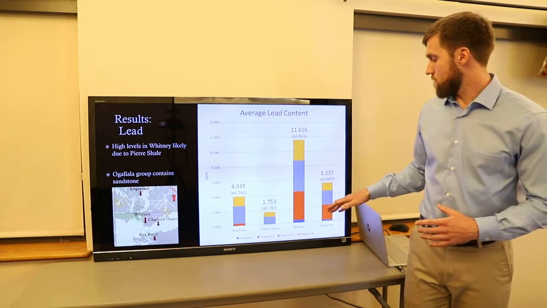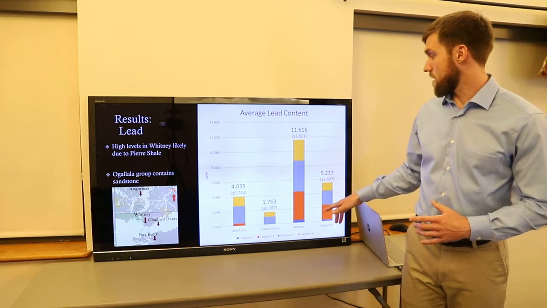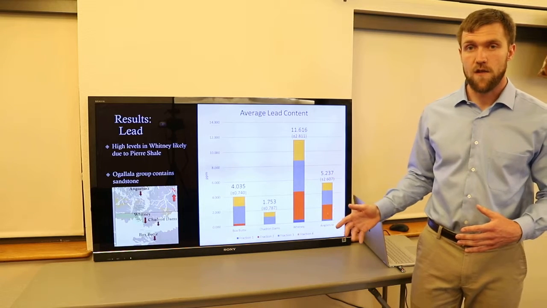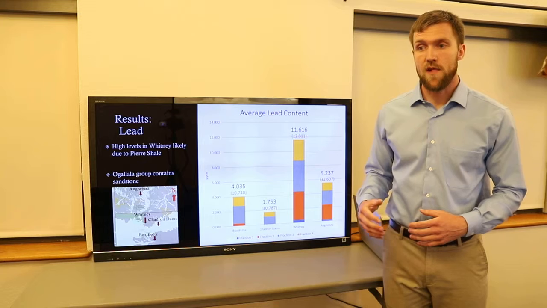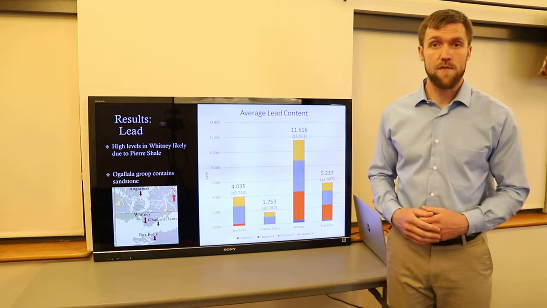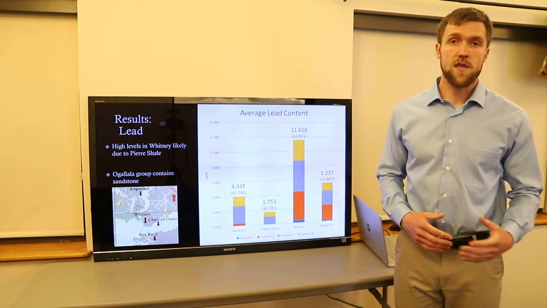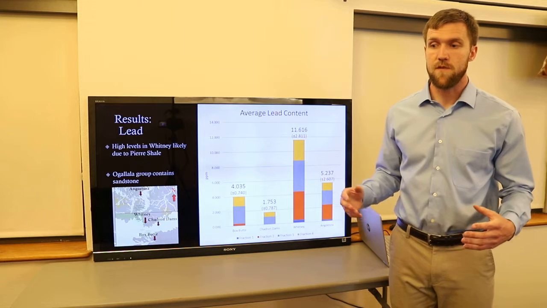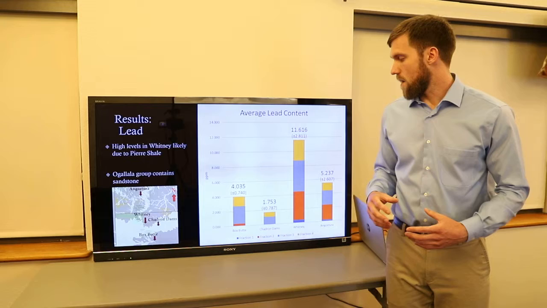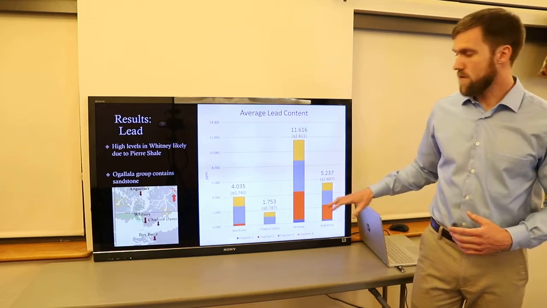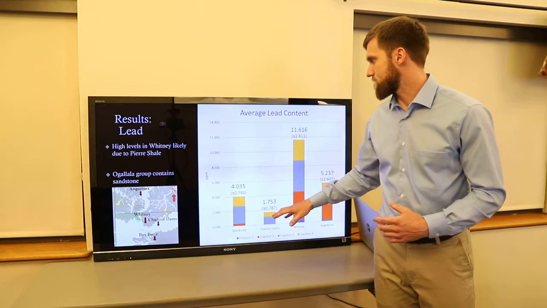This is because Whitney and Angostura we would expect to have higher metal levels because they sit in black shale, and black shale is formed from marine deposits that then undergo oxidative processes that really end up with metal being concentrated in that black shale. So it would make sense that those would have higher metal content versus Box Butte and Chadron dams.